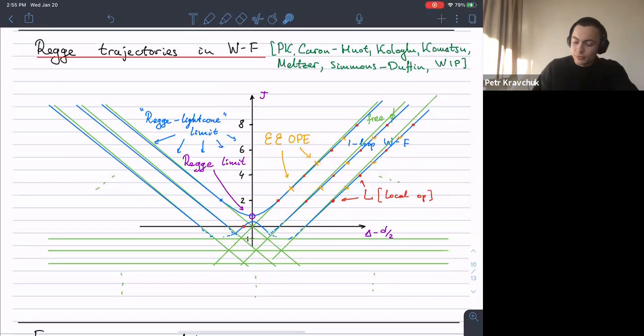And then there are some local operators which live at integer spins. And it turns out that it's important that a single family of light-ray operators only interpolates between operators of even spin parity. So here the local operators only appear at even integer spins.